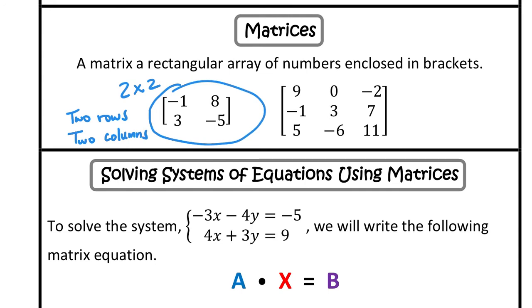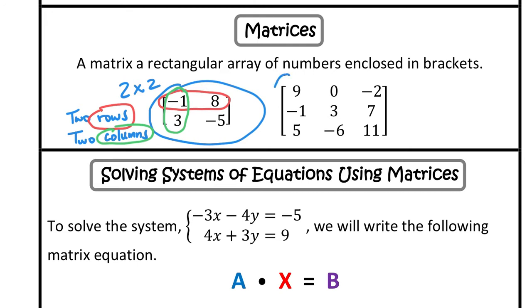Let's see, if I break these down, rows run from left to right, so this is considered a row, and a column is vertical, up and down. So we have 2 rows, 2 columns.